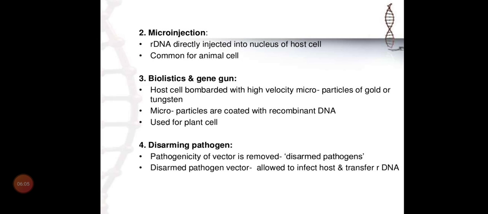Imagine you want to add your recombinant DNA directly into the nucleus of the host cell. It can be done through a process called microinjection. That is common for animal cells. You can write one example: imagine a human egg cell, and when we inject a sperm, the sperm nucleus fuses with the egg nucleus.